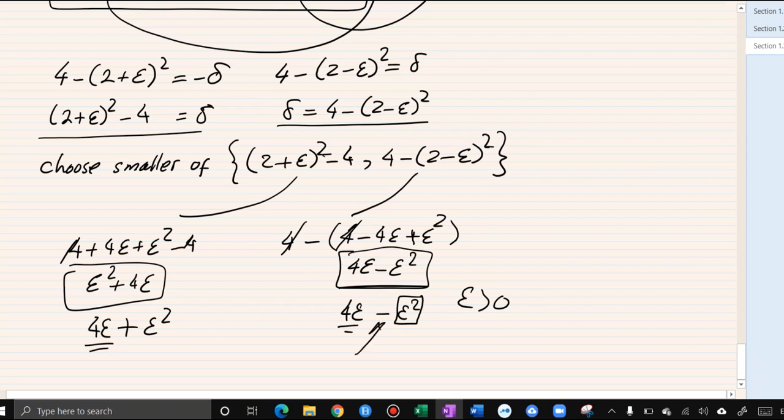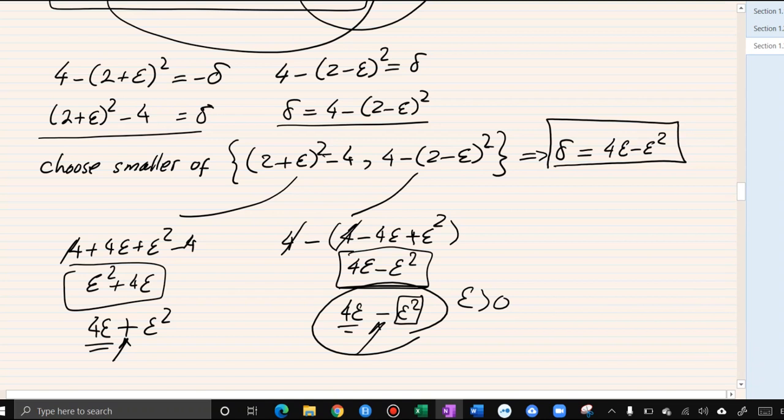Here you subtract, here you add. Well, which one is the smaller? That one. So this would imply delta is actually going to be 4 epsilon minus epsilon squared. There you go. That's if you pursue that further.